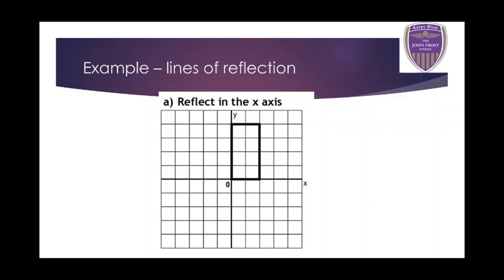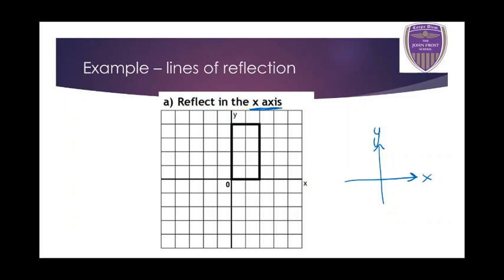So if we look at the first question A, we're told that we need to reflect this shape in the x-axis. Now, this diagram's already been labeled for you. On all graphs, the line that goes horizontally is the x-axis, and the line that goes vertically is the y-axis.